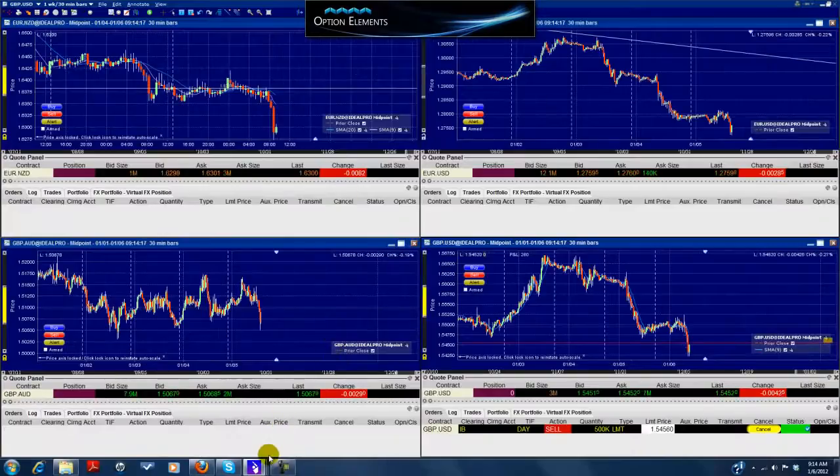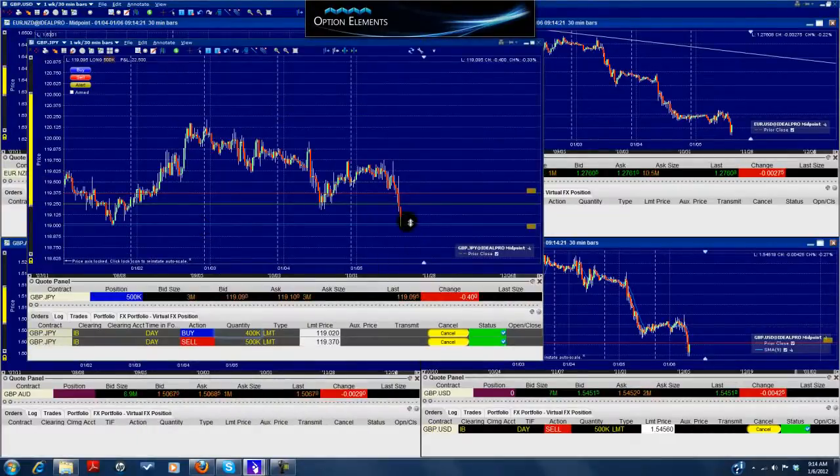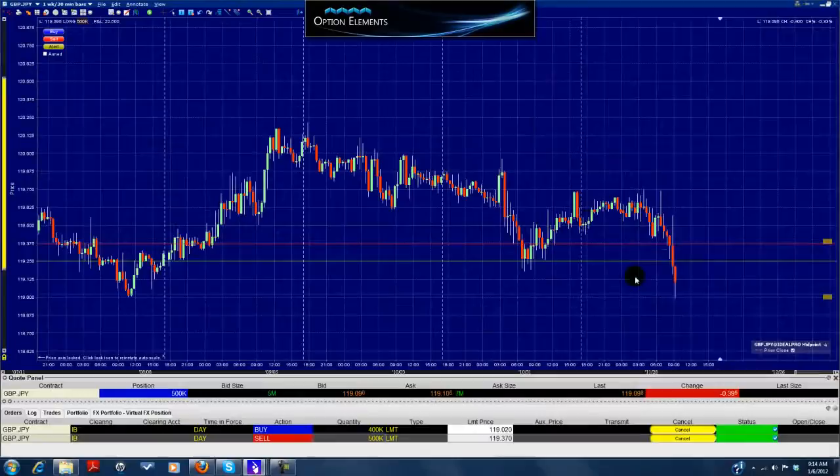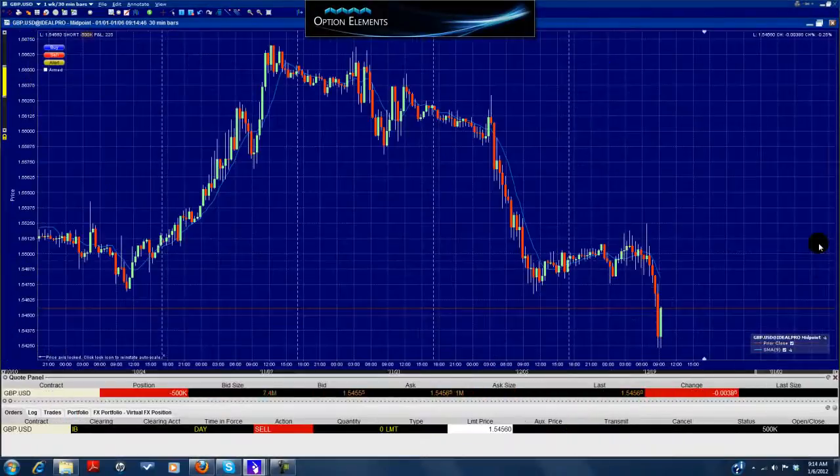Gentlemen, start your engines. We didn't get filled on our second tranche of our yen yet, unfortunately, but we might still. Just don't know. Our break even on this trade is right here, the green line. Looks like we just sold our 500, sure enough, on the pound. Okay. Alrighty.